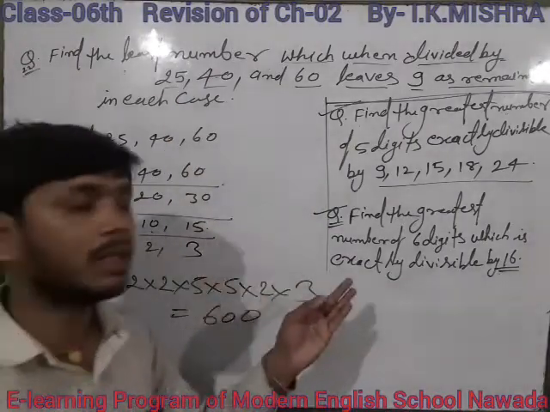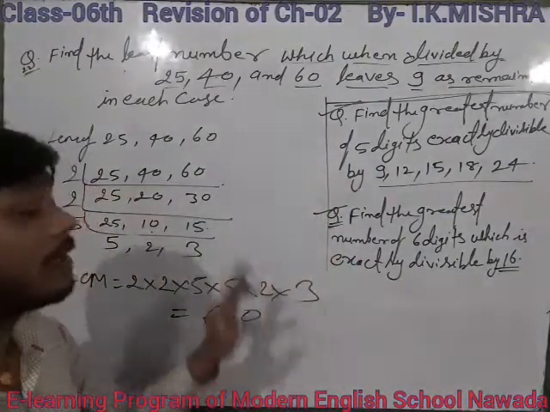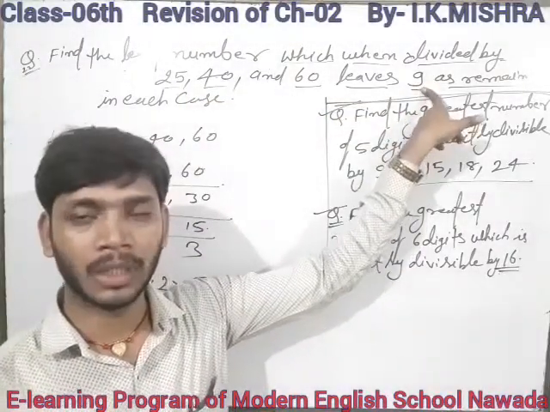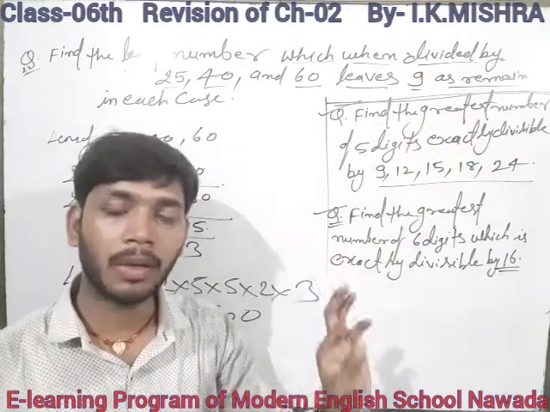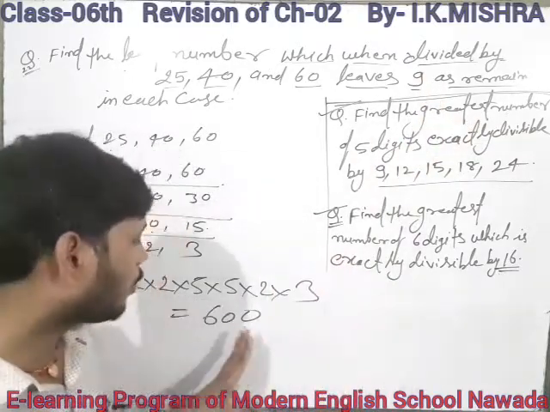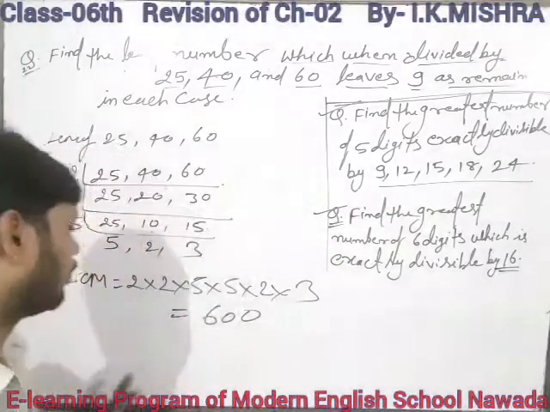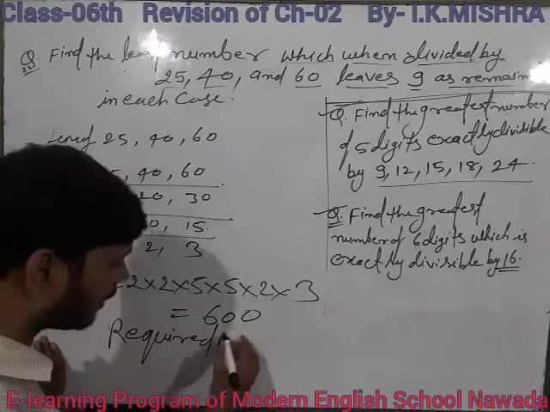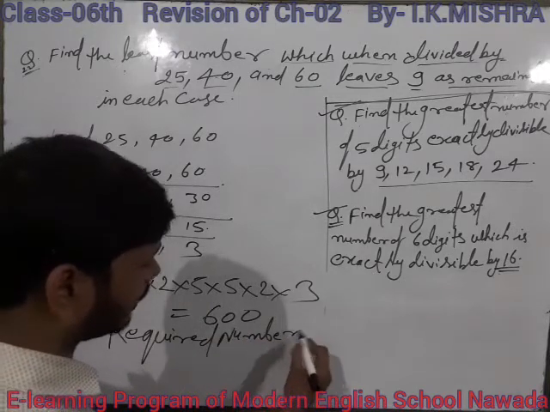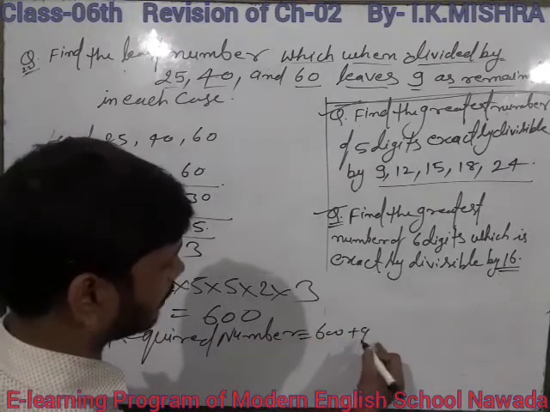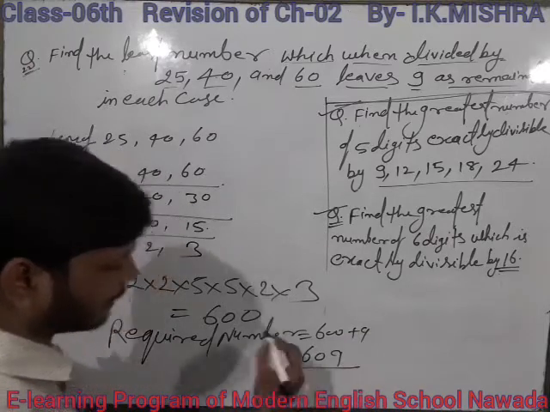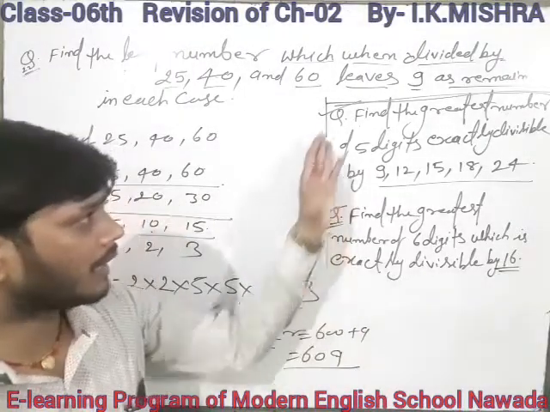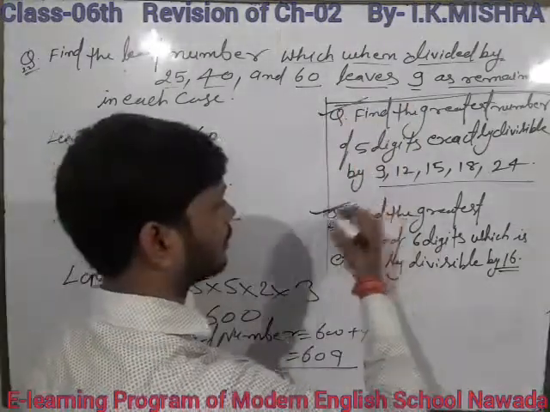But the question asks for the least number which, when divided by all of these, leaves remainder 9. So students, when you add 9 to this, the required number is equal to 600 plus 9, that means 609. Clear students?